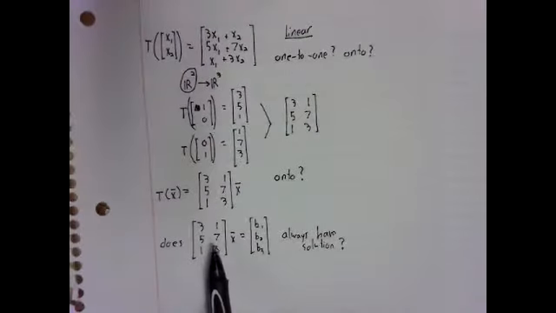To find such a solution, you'd perform Gauss-Jordan elimination on the augmented matrix 3, 1, B1; 5, 7, B2; 1, 3, B3.